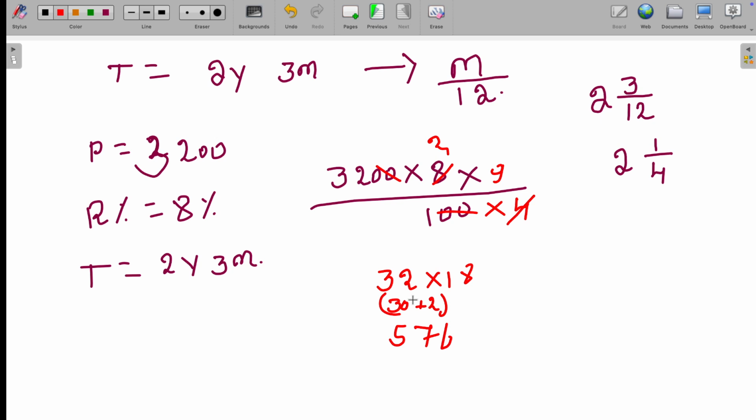Not into 12, divided by 12. Whenever you have months in a question, you have to divide by 12, not multiply.